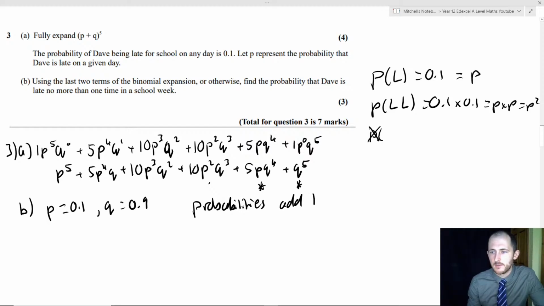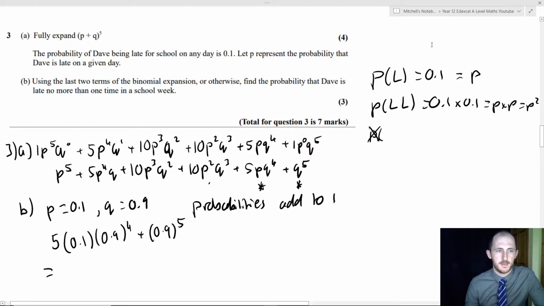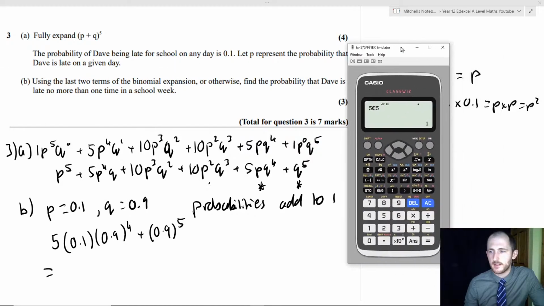Okay. So now we're just using the last two terms, so it'd be 5, P is 0.1, Q is 0.9, and again, I'm going to use a calculator.